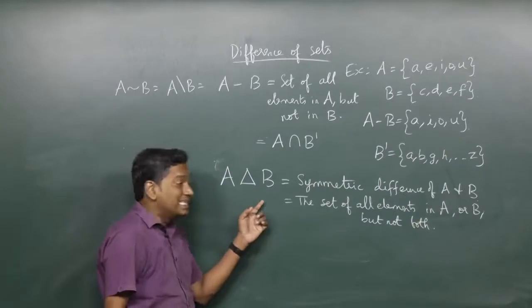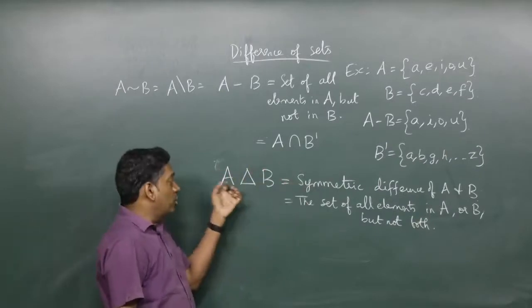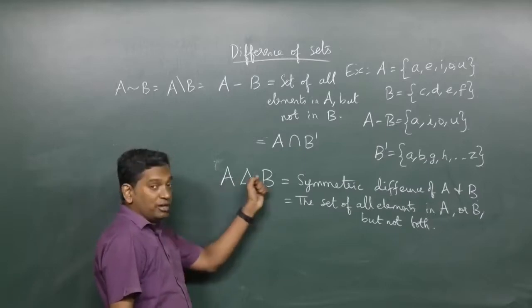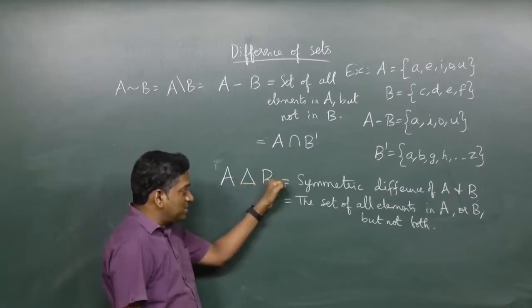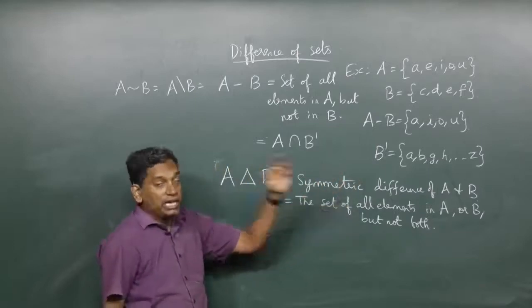Which means A delta B will include elements in A if they are not in B, and will include elements of B if they are not in A. Whatever is present in both will not be included.